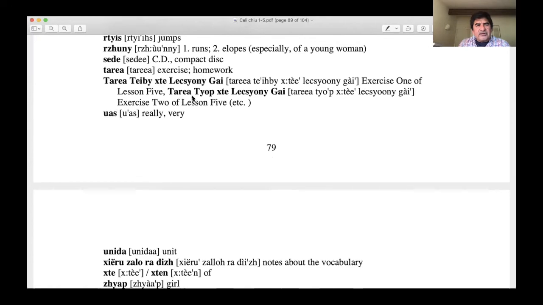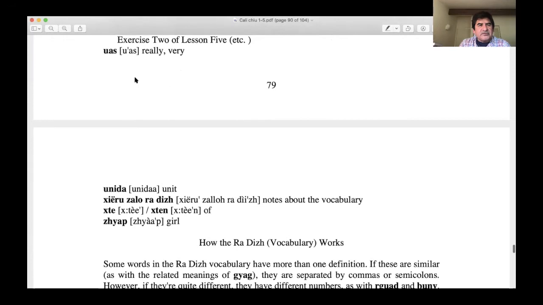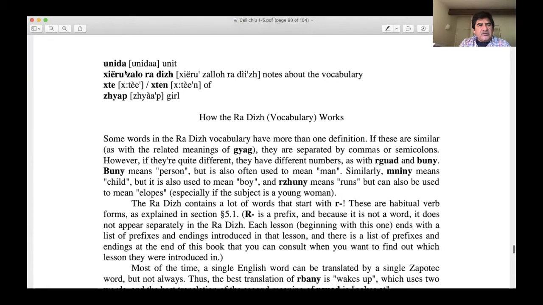The next one is tarea tiop lección gay. So it's exercise 2 for lesson 5. Tarea tiop lección gay. Okay, let's say it faster now. Tarea tiop lección gay. And the next word is was. Was is a check there. And then we have unidad, unidad for unit.